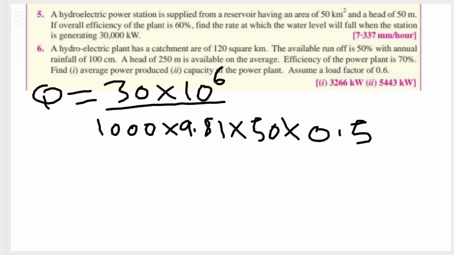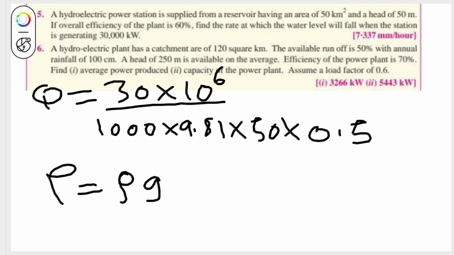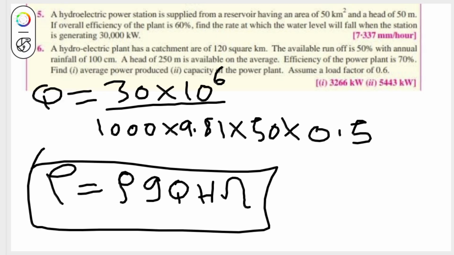So you have to take note that we are using this formula that says rho g Q H and the efficiency. So you have to take note of this.